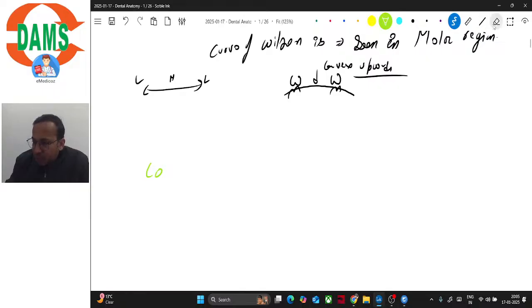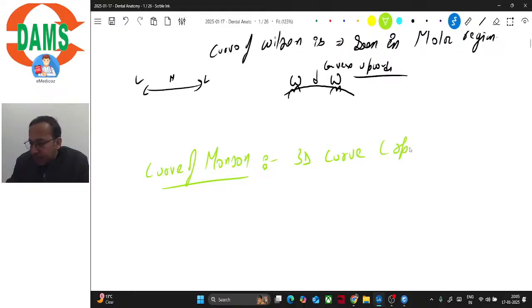So curve of Monson, this is a three-dimensional curve, and basically it represents a sphere, isn't it? Which has a radius of 4 inches, isn't it?